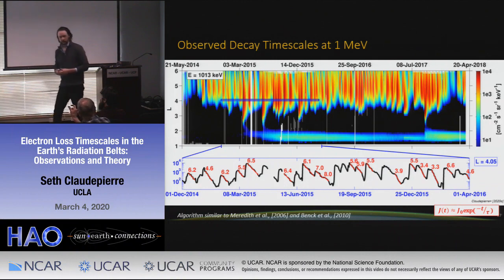So how do you bin the data, to choose a time interval? Yeah, there's a whole bunch of criteria for this algorithm. One is that we require that the decay be longer than 5 days. These data right here are binned in time; they're daily averages. But then you have to cut it off. Right.